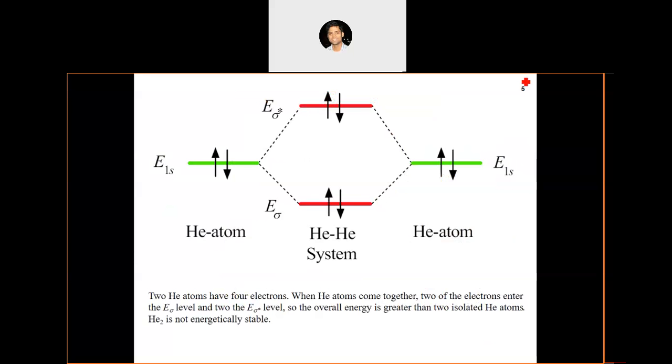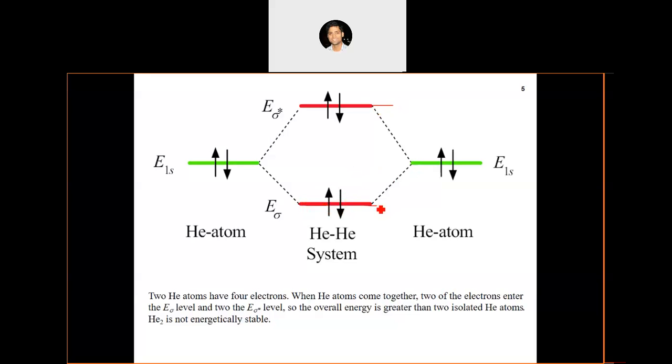Let us have a look at the case of helium also. In helium we have two electrons from each helium atom, so both electrons are in the 1s energy level. The 1s atomic orbital has two electrons in the case of helium. So what will happen when they come closer to each other? They will start interacting, and as a result we will have two molecular orbitals: one bonding molecular orbital and another anti-bonding molecular orbital.